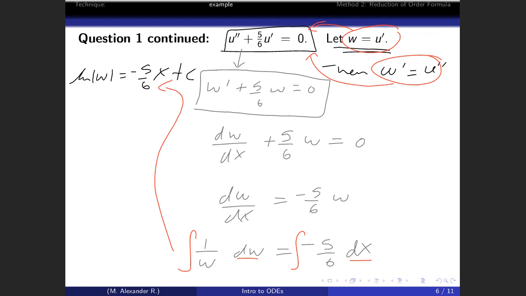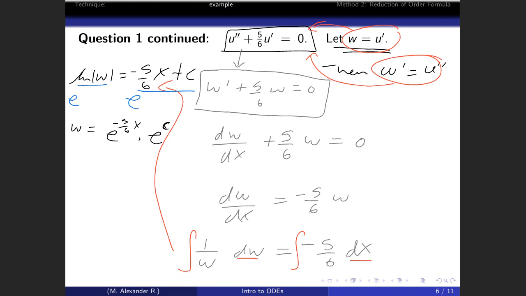Now this is ln of w, but we want to get w by itself, so we're going to exponentiate both sides. It's going to be e raised to that side and e raised to this side. When we do that, we get w equal to, let me write it out this way to show the steps, e raised to negative 5/6 x multiplied by e raised to the c.